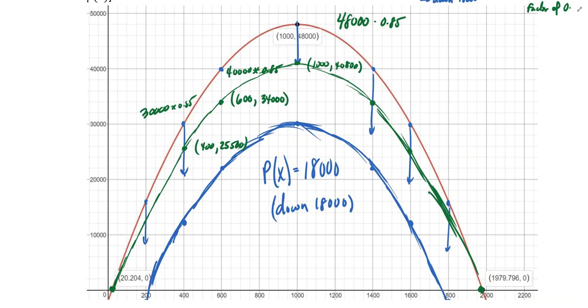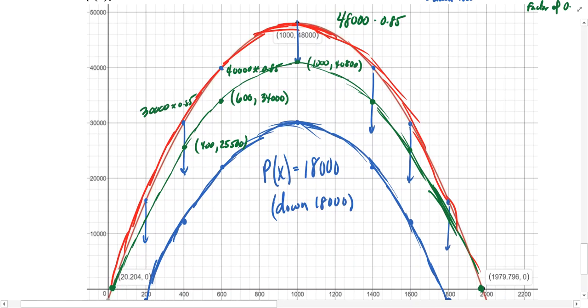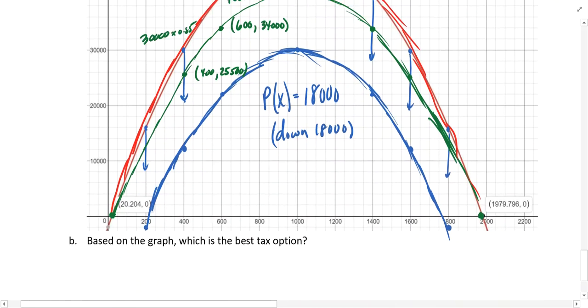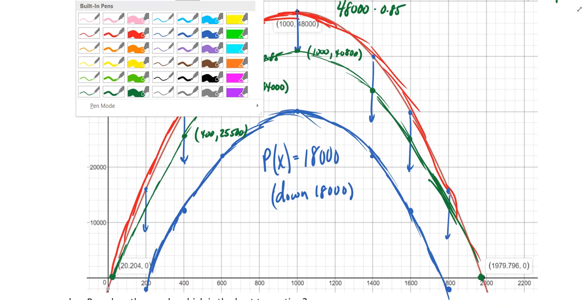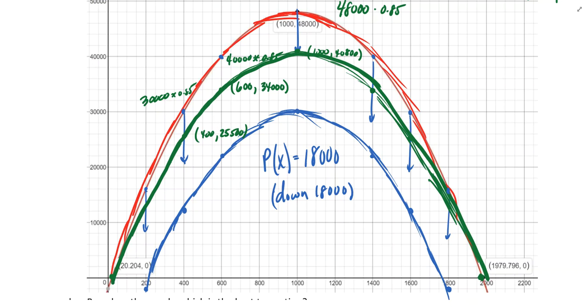And if I had to choose between the three, well, of course, I would like to maintain maximum profits and not pay any taxes, because it looks like in all cases the red graph was taller, or the Y results were greater in all cases based on X. But the next best option, if we have to pay taxes, if we can't avoid them, it appears that this green graph is a pretty good option. Certainly our income, or our profits I should say, is less than what we had in the red graph, but it's still much larger or higher up on the y-axis than our blue graph is.